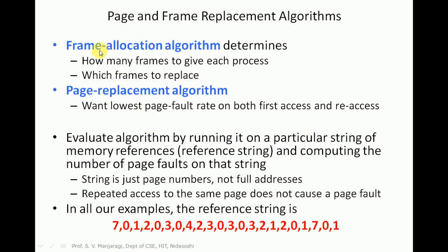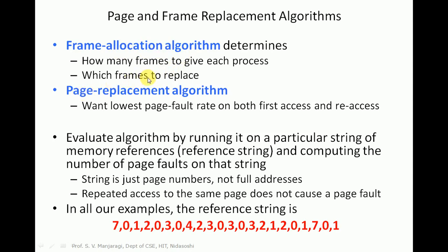The first one, frame allocation algorithm. This algorithm basically decides allocation of the frames to the new pages. Frame allocation algorithm determines how many frames to give each process. How many frames we need to allocate to each process will be decided by the frame allocation algorithm, and which frame to replace, even that will be decided by the frame allocation algorithm.